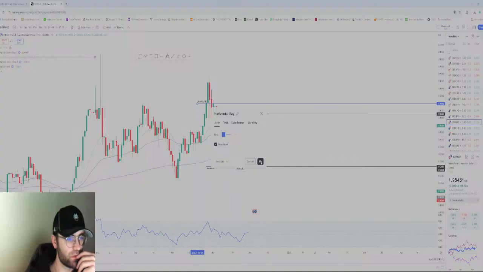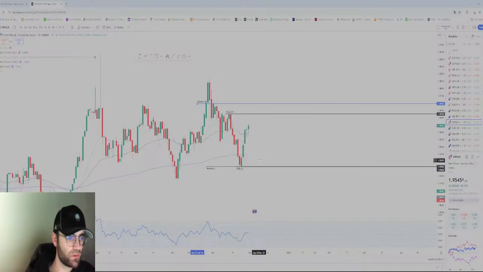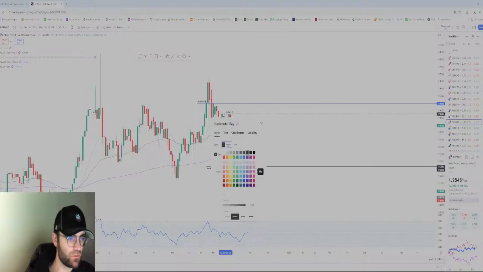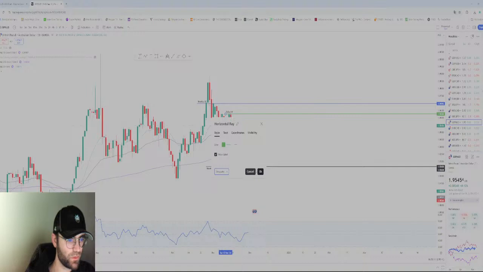I need to get this fixed, but I don't really feel like doing it now. But do it like this, and then the daily will make green. Okay, and then we make 4 hour.